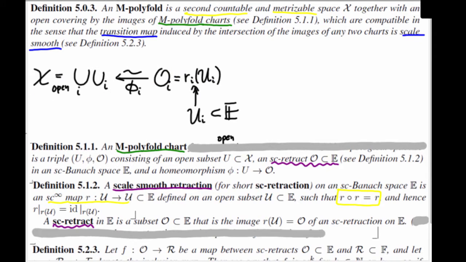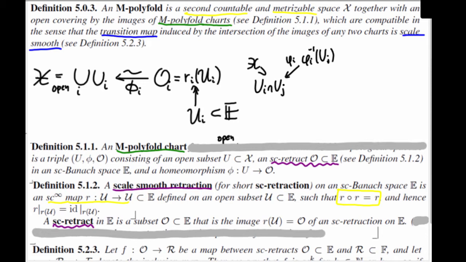So when I now have two different of these charts, I can intersect them in X. Oh, it's a different X, it's the same X. So U_i intersect U_j. On the one hand, is mapped to by phi_i from, well, the pre-image of U_j. So that's some open subset of O_i.